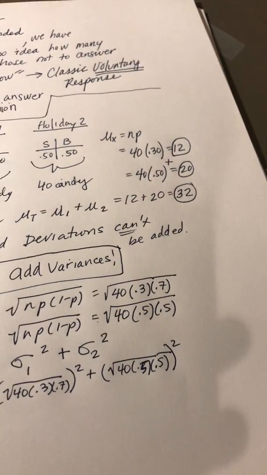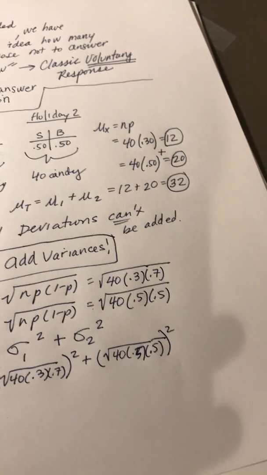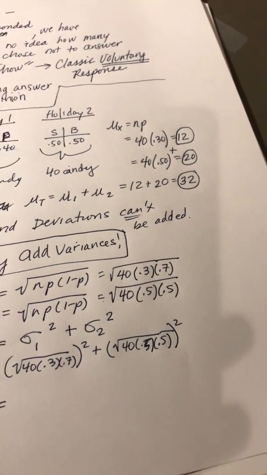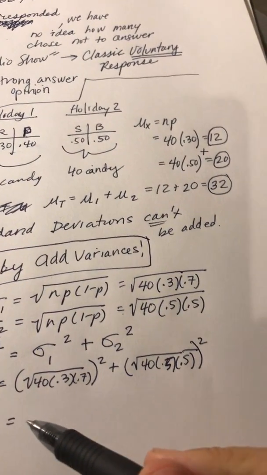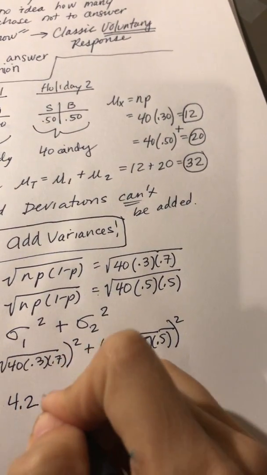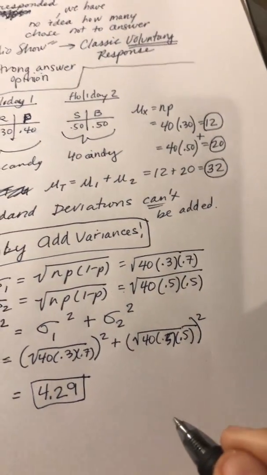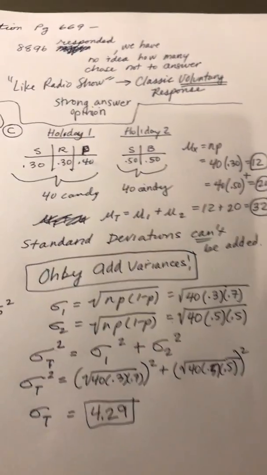So when I do that, I end up getting my answer, 4.29. Awesome. That's our answer for question 7.